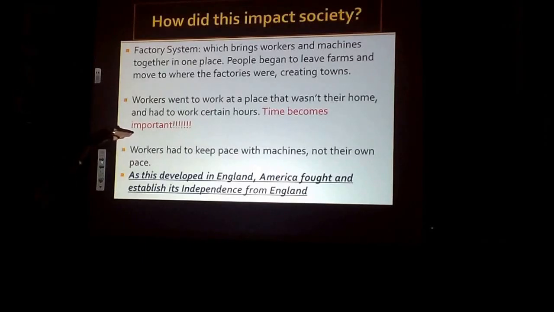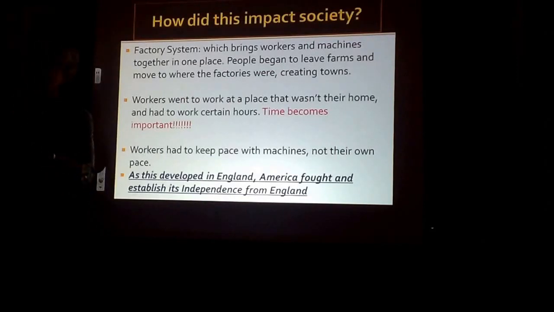They had to work certain hours, and now time becomes important. People used to say, well, I'll get that done tomorrow, I'll get that done in the morning, or I'll get that done in the afternoon. And now people begin to think like, I'll get that done at 8 a.m. This will take 2 hours. And their days, instead of being kind of open, now are beginning to be controlled and divided by time.